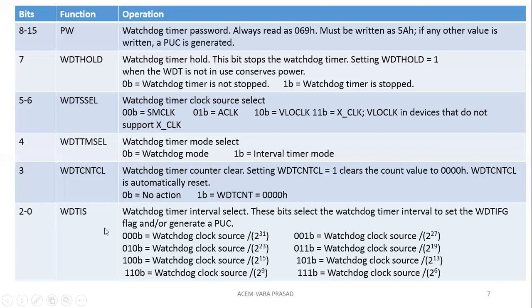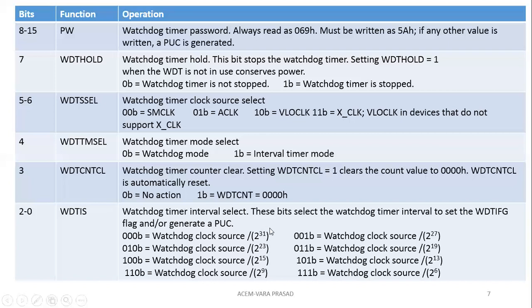Then come to bits 0 to 2. These 3 bits are used for the watchdog timer interval. Interval means frequencies. If 000, the watchdog timer frequency is divided by 2 power 31.